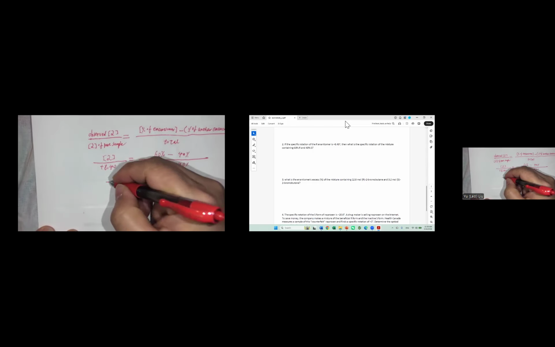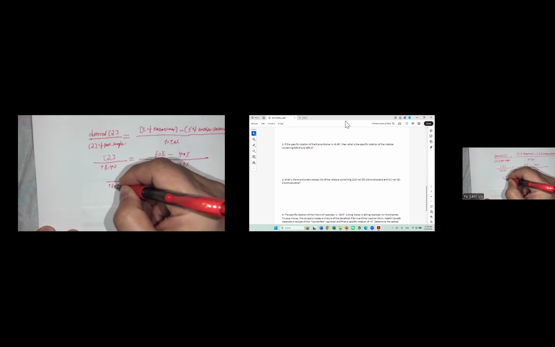We do the math: 20% divided by 100% equals the observed rotation over 8.4.